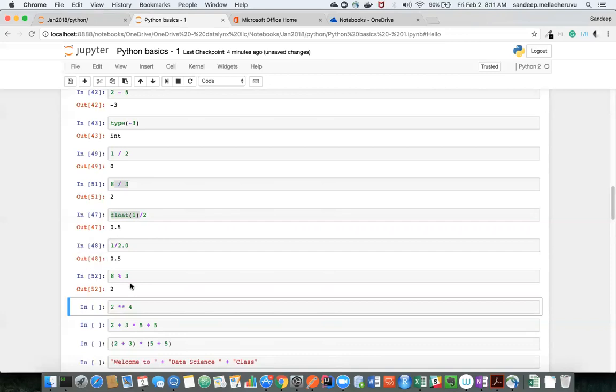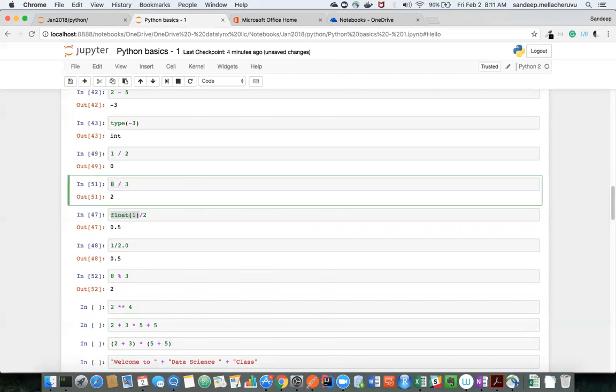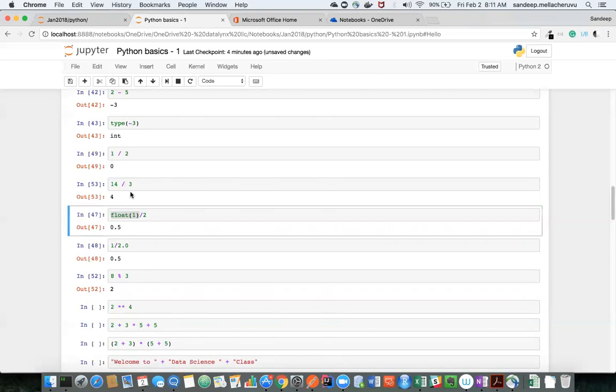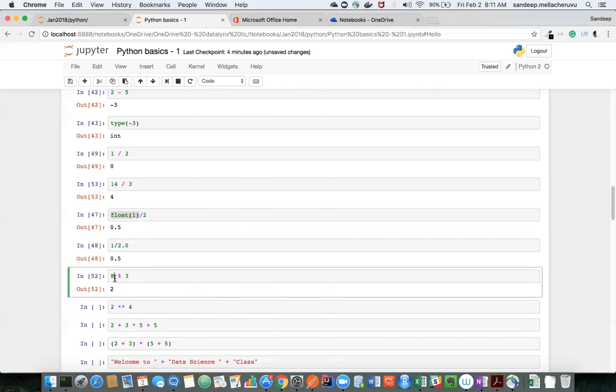The percentage will give you the remainder. Maybe I should use a bigger number, let's say 14. 14 by 3 gives me 4 as my quotient because 3 4s are 12, and there is a remainder of 2. So here if I do 14 mod 3, I'll get 2 as a remainder.